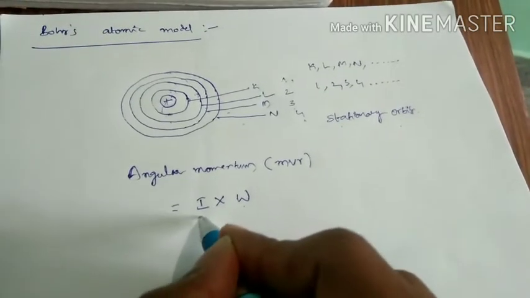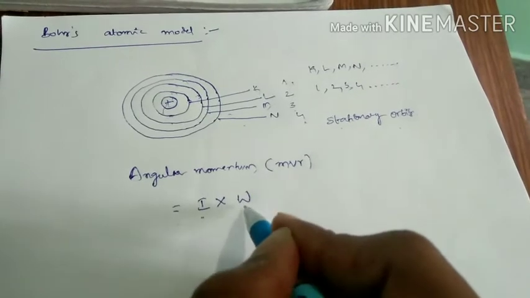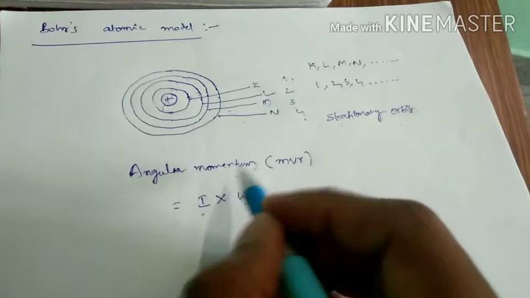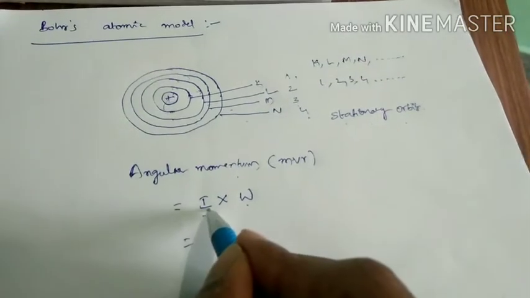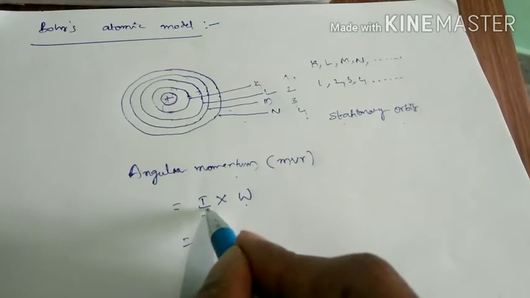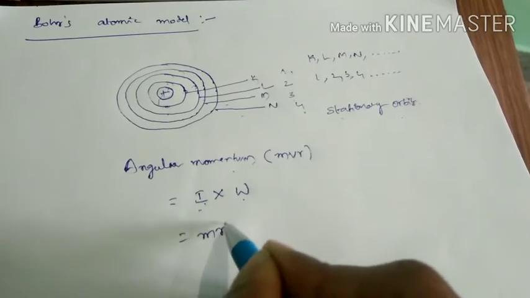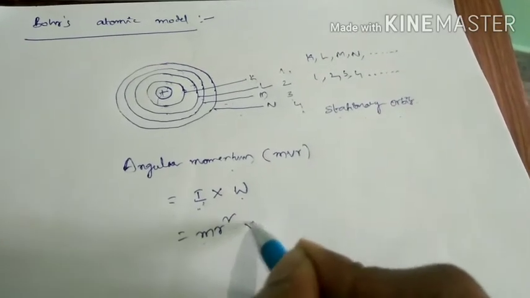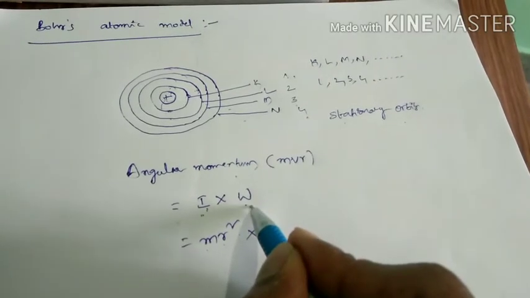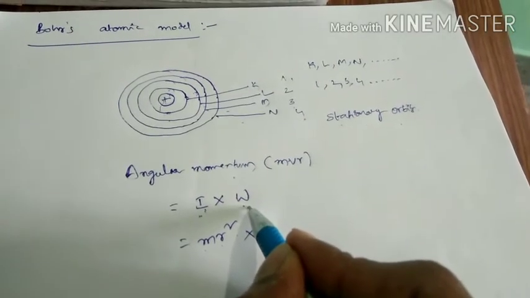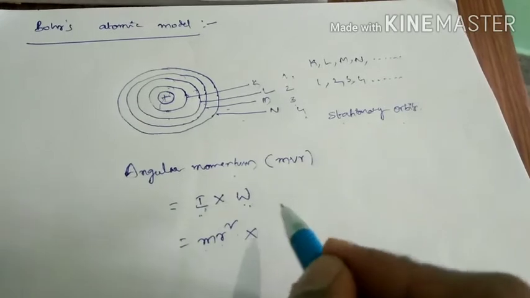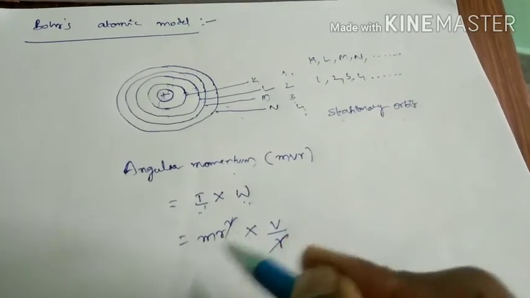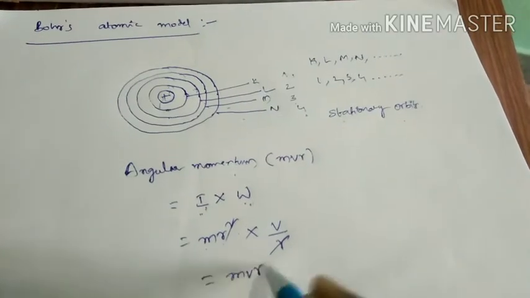The formula for moment of inertia is mr square, and the angular velocity is v by r. This r will be cancelled, and finally we get mvr.